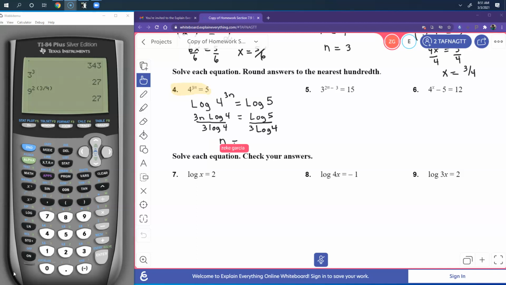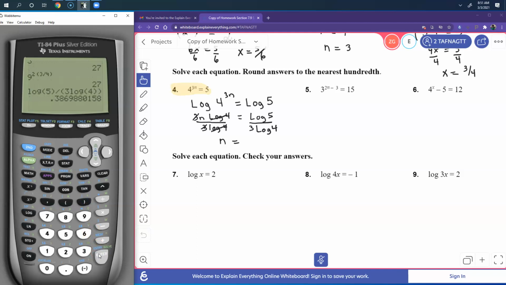So n, because we know that the log of 4 divided by the log of 4 is 1, and 3 divided by 3 is 1. So we're left with n. So we're going to have log base 10 of 5 divided by parentheses, 3 times the log of 4.